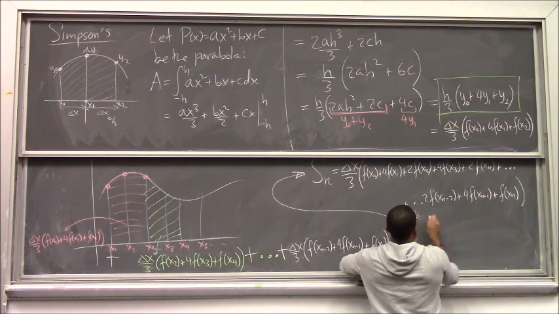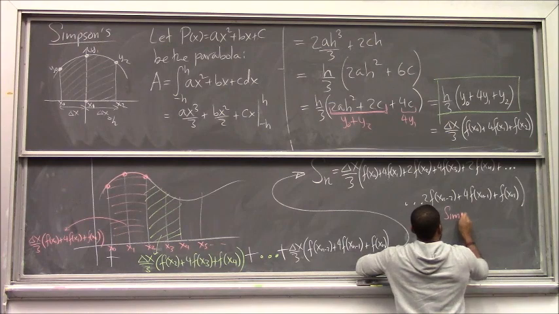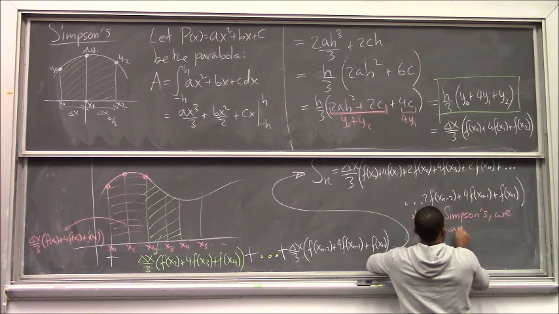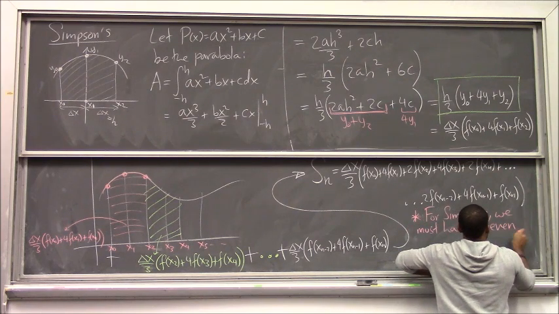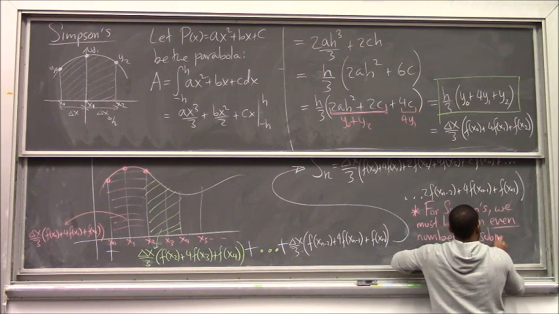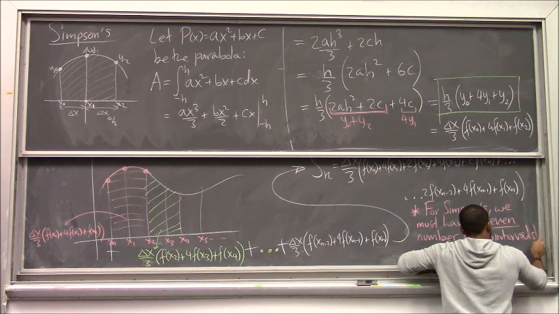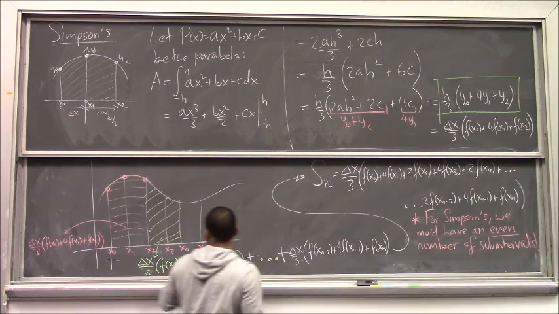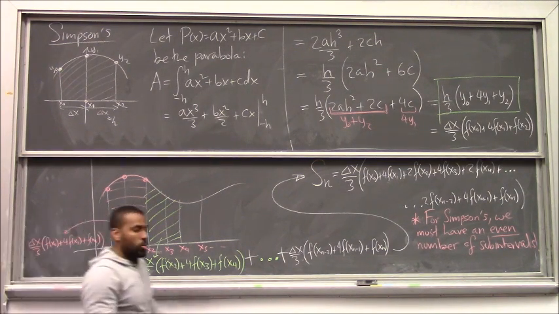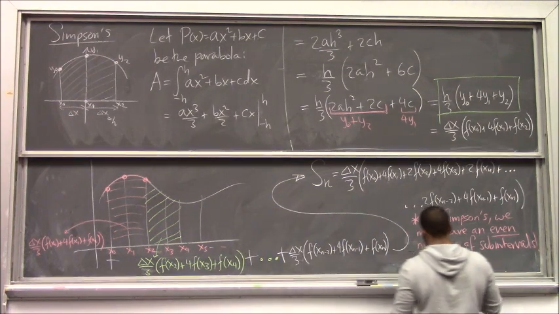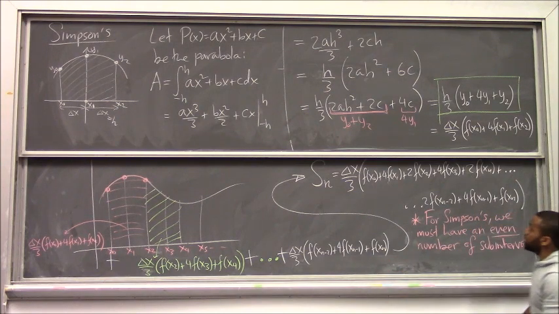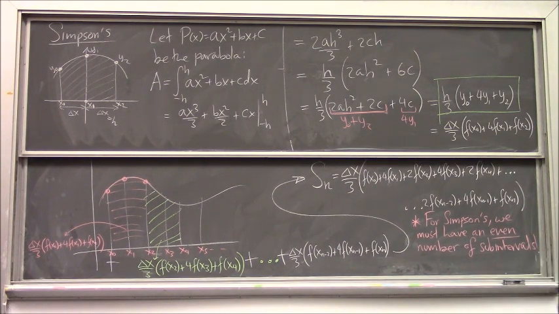For Simpson's Rule, you must have an even number of subintervals, because I need 2 subintervals for each parabola that I'm setting up. The other rules don't really care how many subintervals you use, but Simpson's Rule in particular needs them 2 at a time. So that's where these formulas come from.